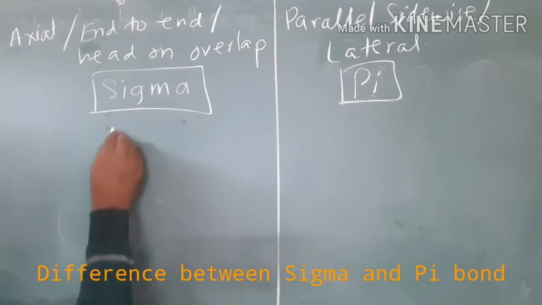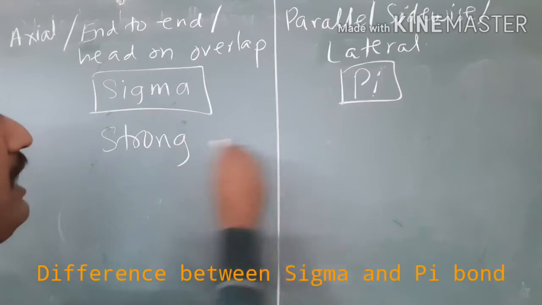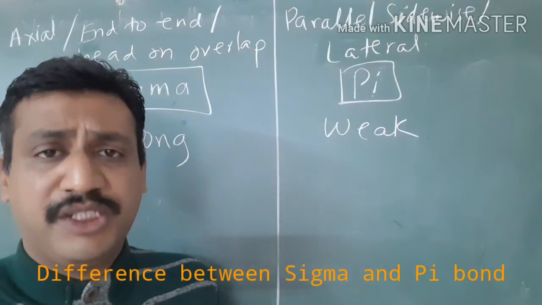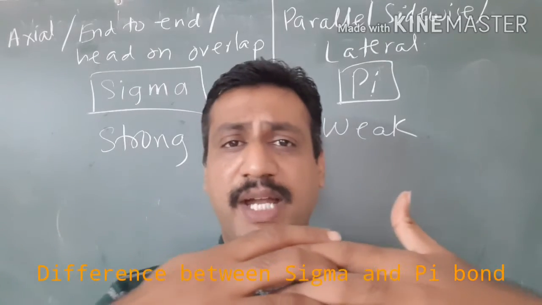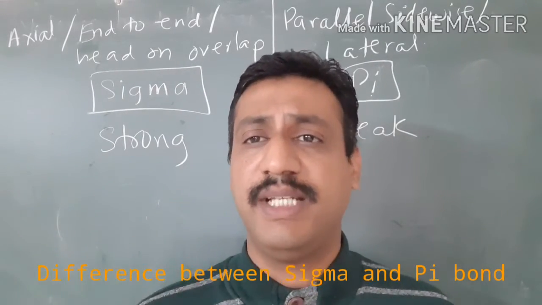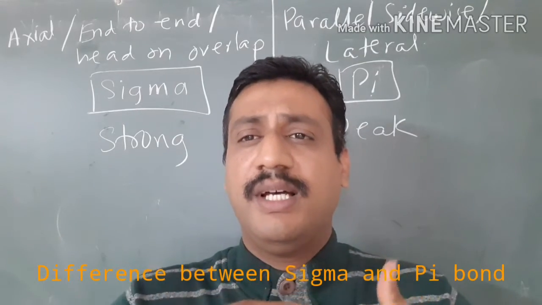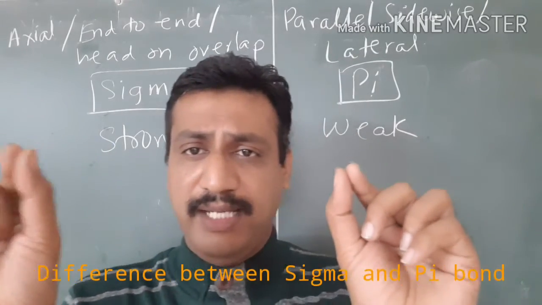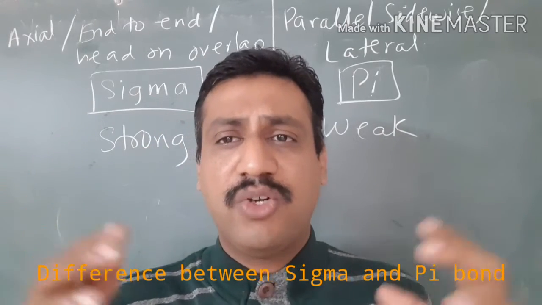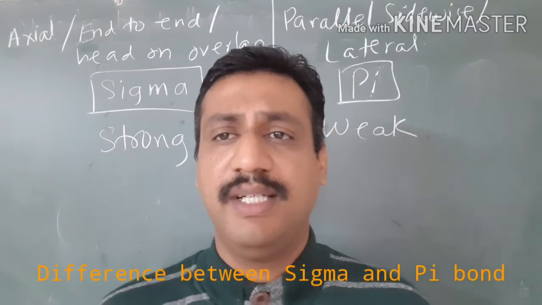Second thing, a sigma bond is a strong bond and a pi bond is a weak bond. Why is sigma strong? Because it is formed by the axial overlapping of the atomic orbitals. Face to face, end to end, head on overlapping is there. So the nuclei of both the atoms pull the electrons towards themselves, and the strength is there in that bond.